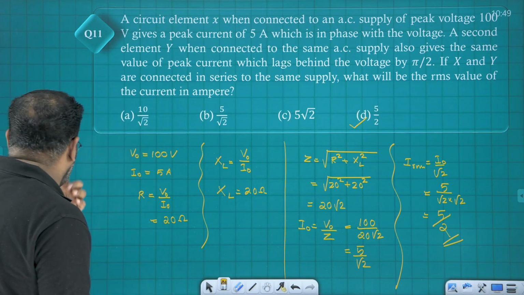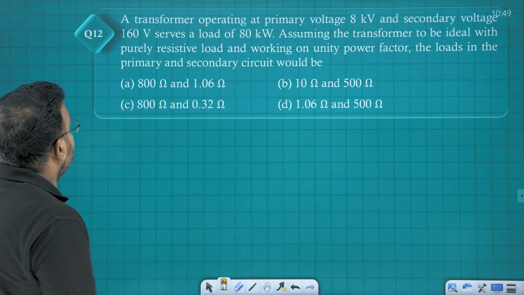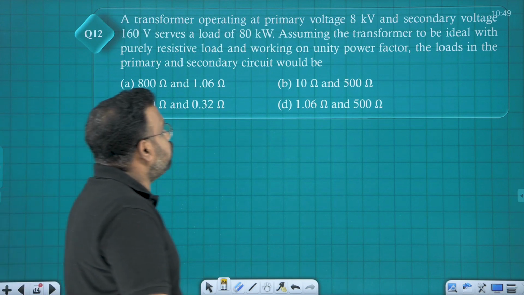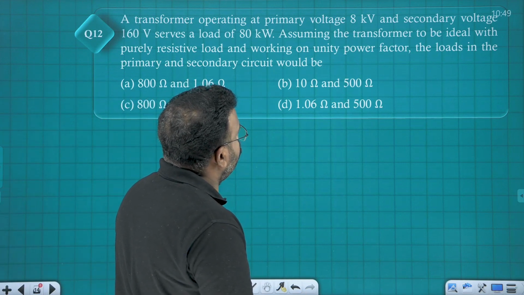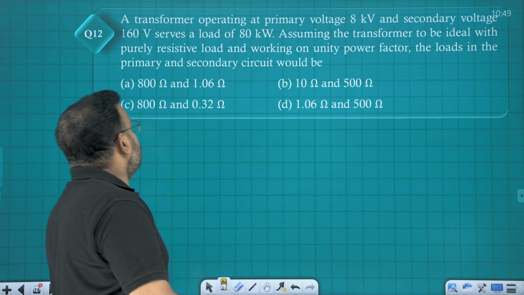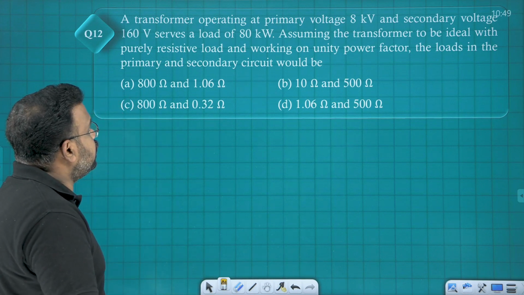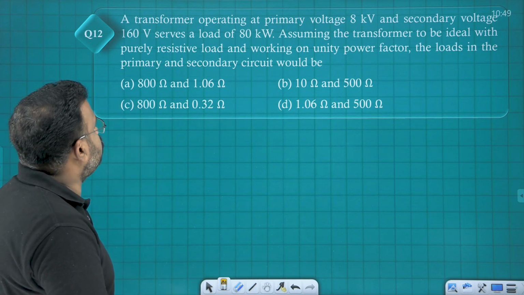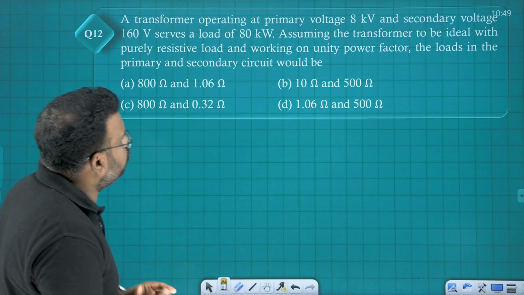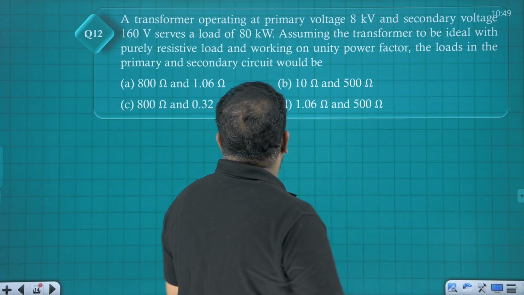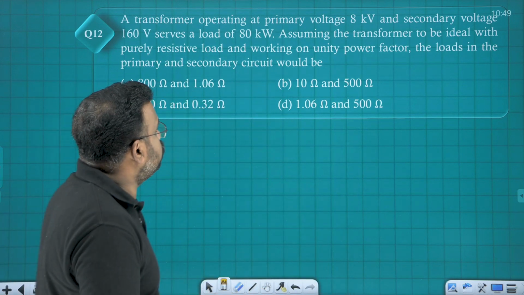Okay. Next, question number 12. A transformer operating at primary voltage 8 kilovolt and secondary voltage 160 volt serves a load of 80 kilowatt. Assuming the transformer to be ideal with purely resistive load and working on unity power factor, the loads in the primary and secondary circuit would be.